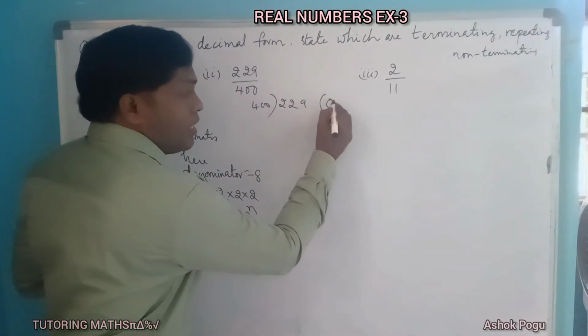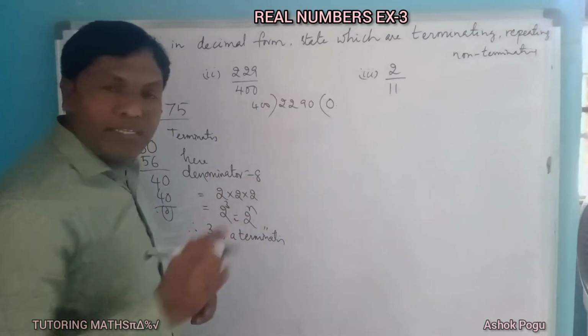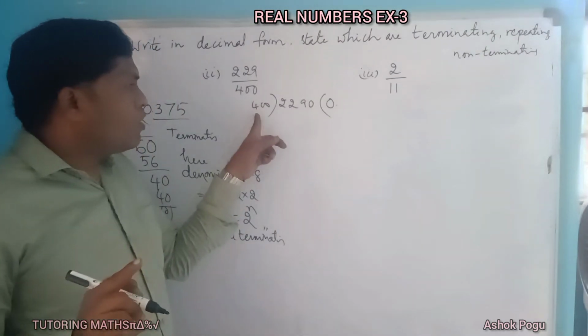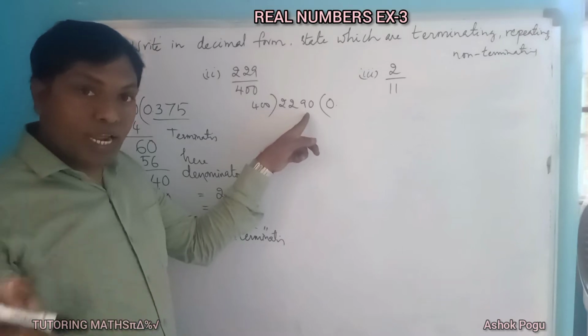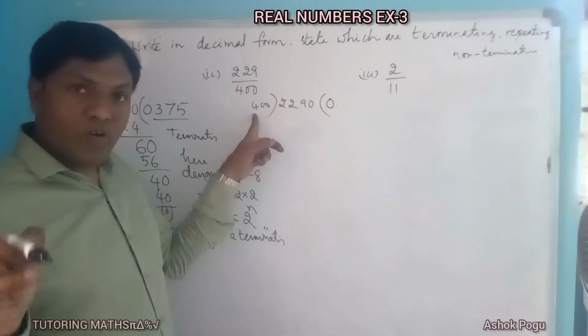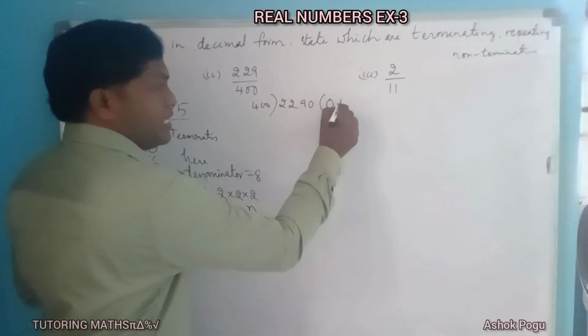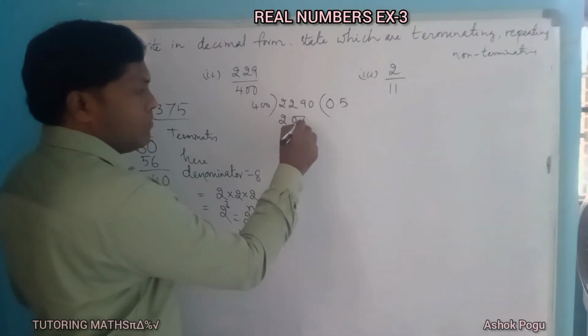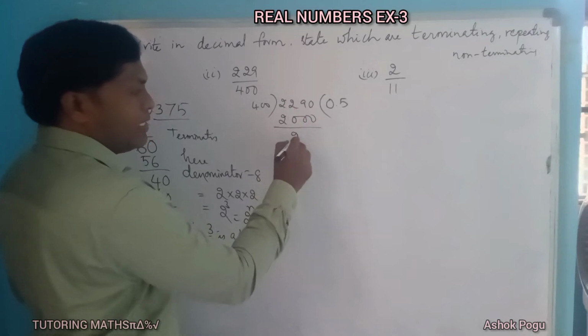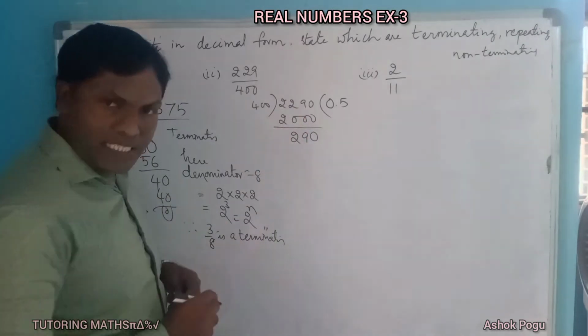For that you take one decimal point. You take 0. 400 table: 400 5 times, 5 4s are 2000, we get 2000, and the remainder is 290.